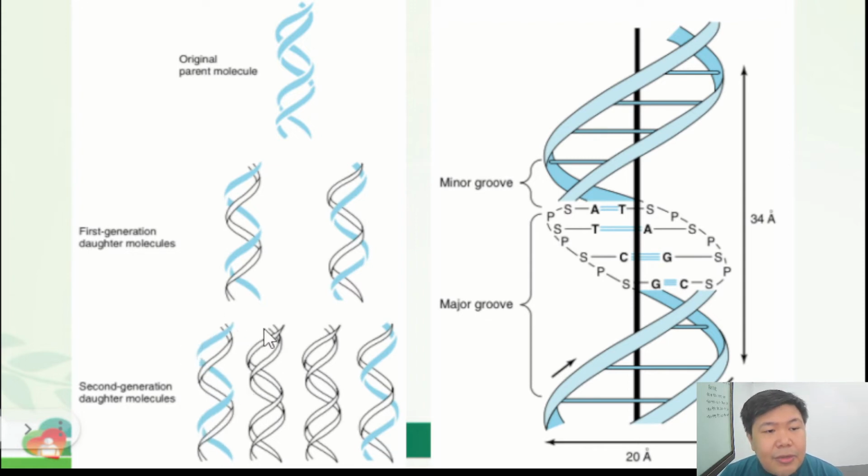The other one will be completely new. So this means that sometimes the original trait from the parent is not carried over to the offspring because of this formation of new generation DNA molecules. And this is the reason why we have your dominant and recessive alleles.